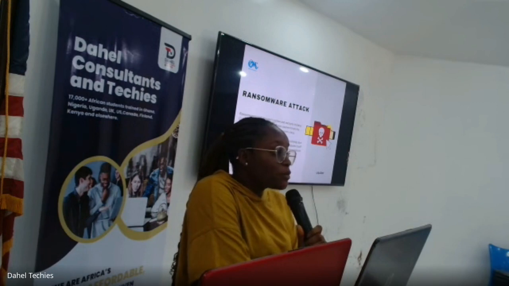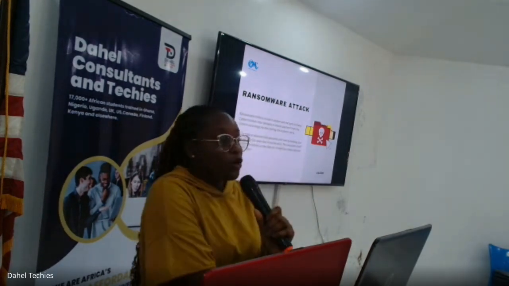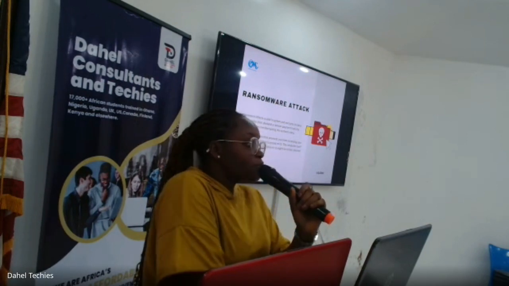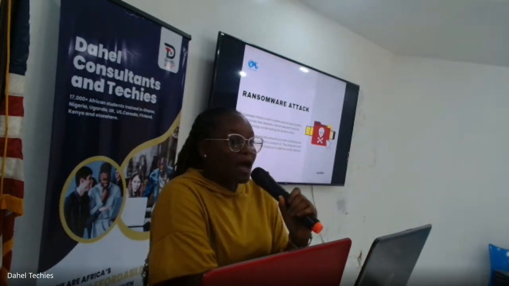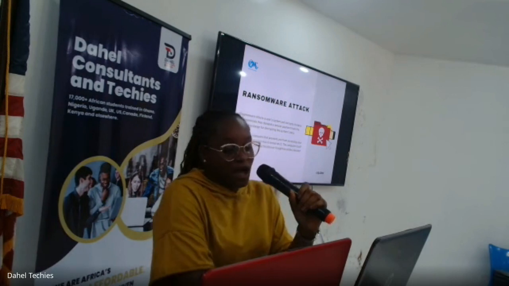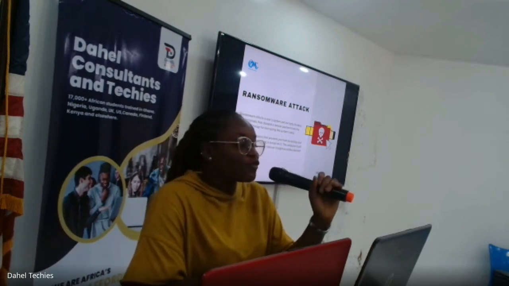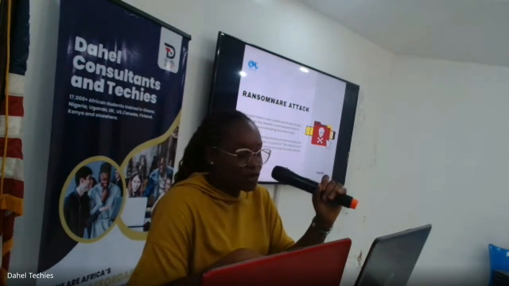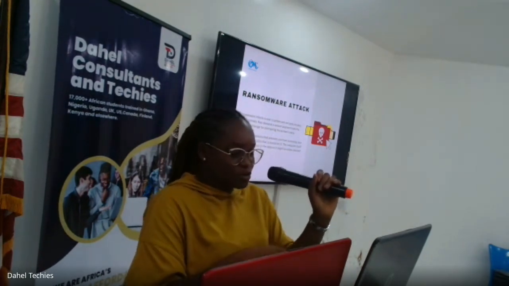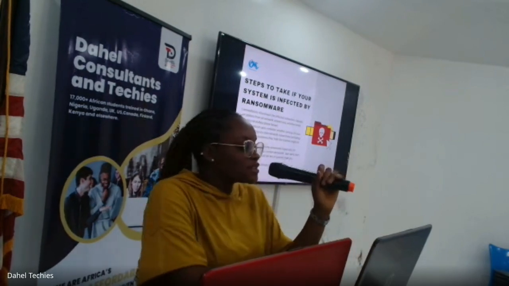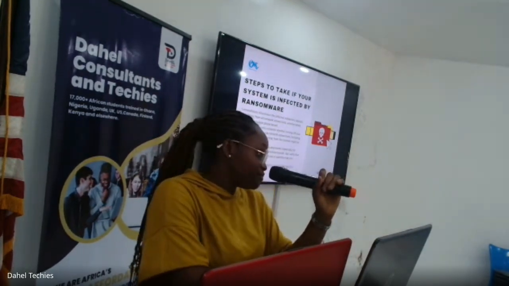Let's say there's something very private and sensitive to you, or very important, maybe a work document, maybe personal data, and they gain access to it. You will pay the money. If it's not very important, that's when you put too much importance on it. There are steps to take if your system is affected by ransomware.